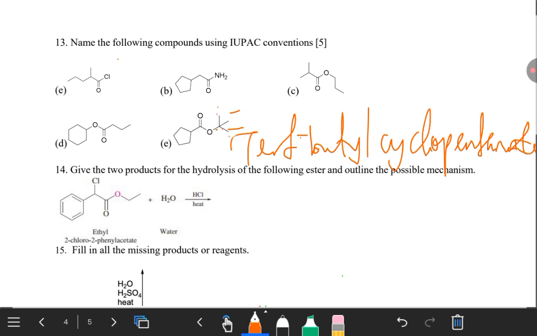So we are going to count 1, 2, then we have 1, 2, this is an ethyl. Then we have the methyls attached. Okay, so this is an ethyl with 2 methyl, so they are both at position number 1. So you can also say 1, 1, this same structure.